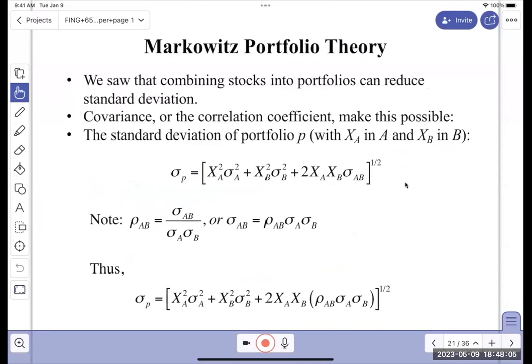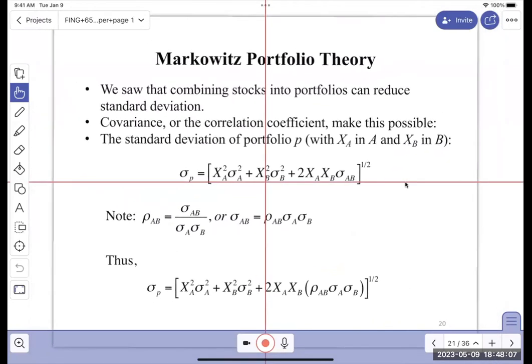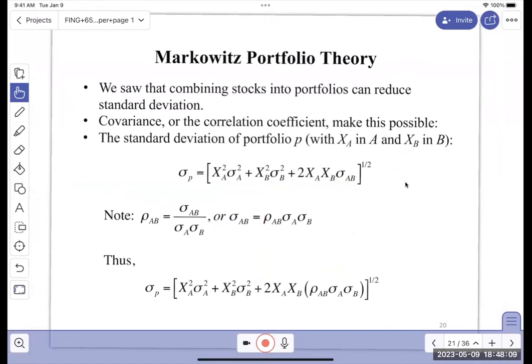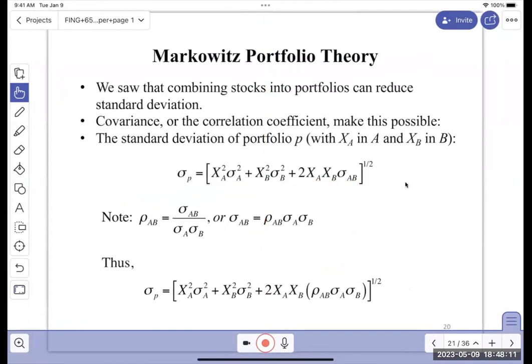Okay, so we have arrived at Markowitz portfolio theory.